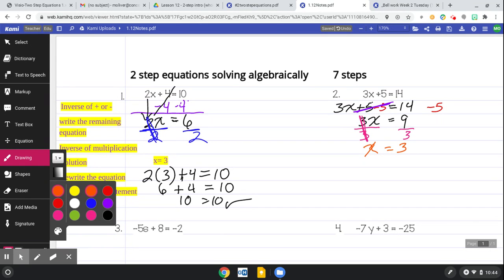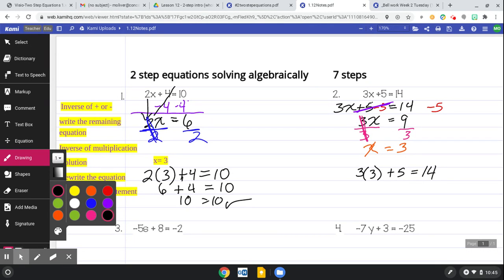Then remember, we always have to go back, rewrite our equation, but replace x with the 3. I'm going to rewrite it as 3x, or 3 times 3 plus 5. And is that going to equal 14?